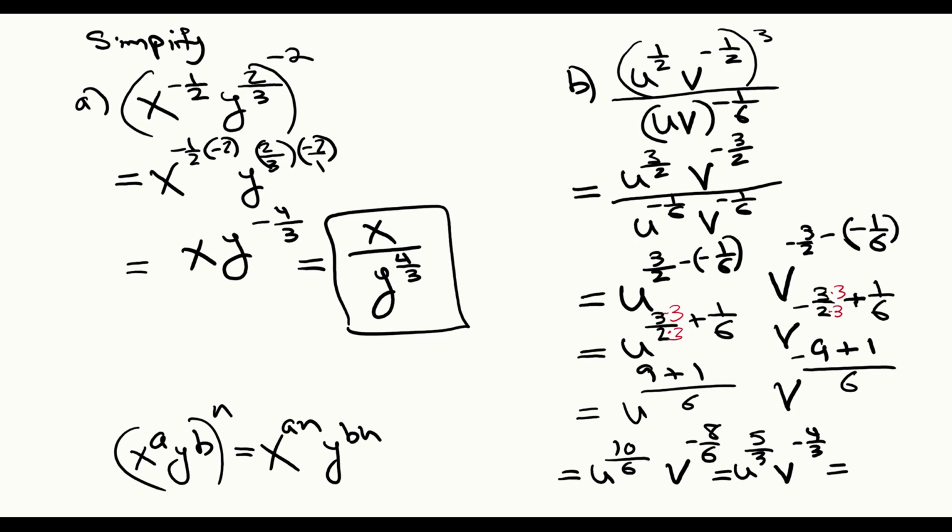And the last thing we need to do is go ahead and bring the negative exponent downstairs to make it positive. And then we can consider the problem done.